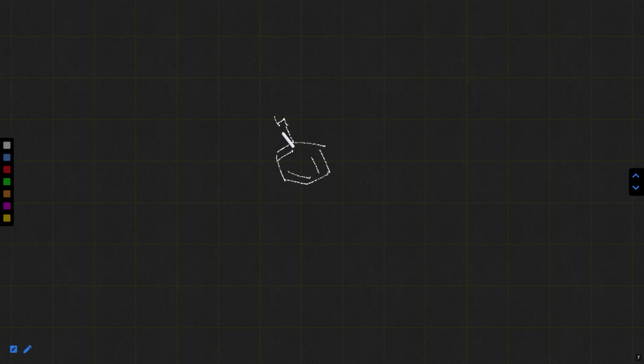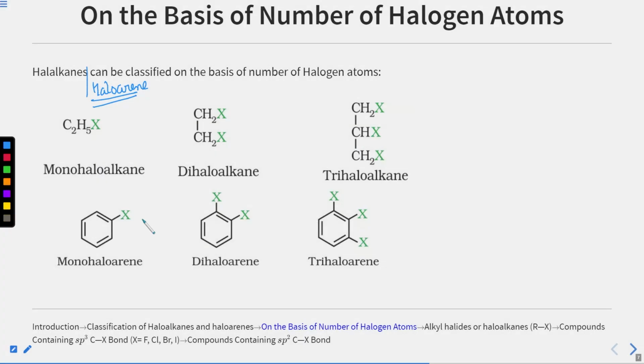Now we will have a hydrogen at each carbon to complete the valency. Now what we have done in this compound, we have replaced one of the H by X. So we got this. It is an example of haloarene.